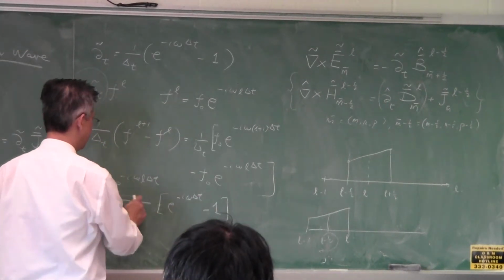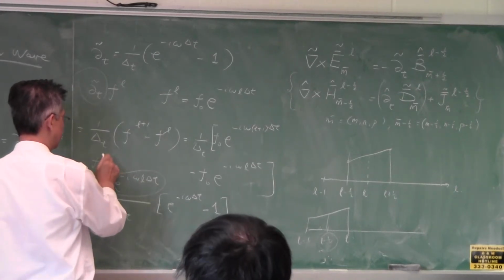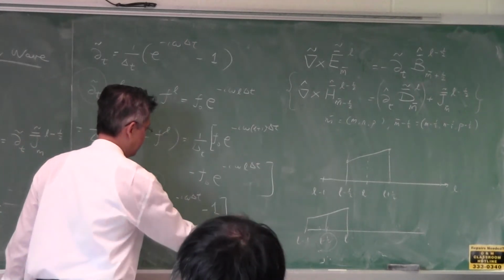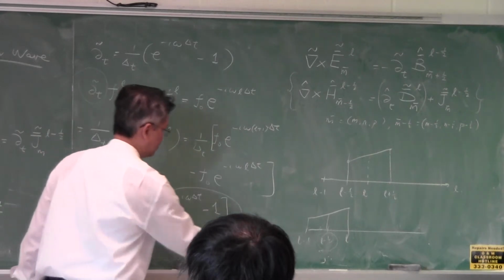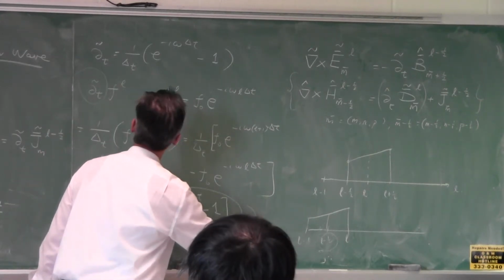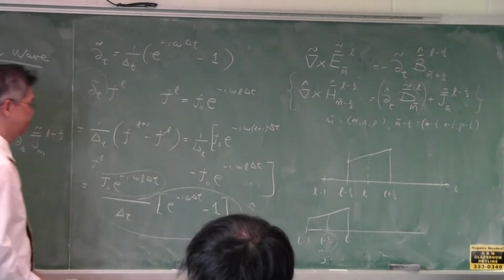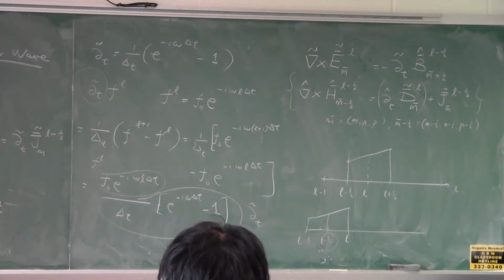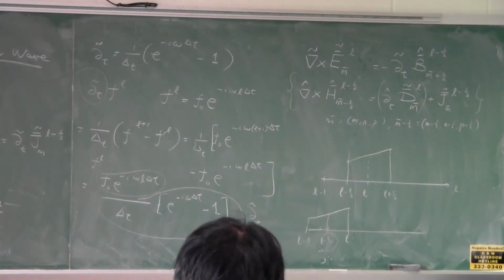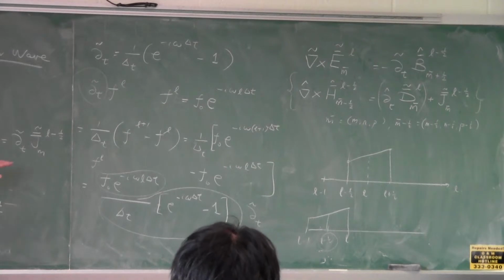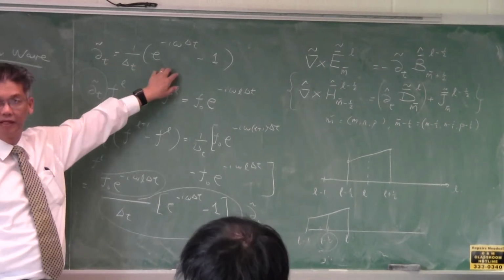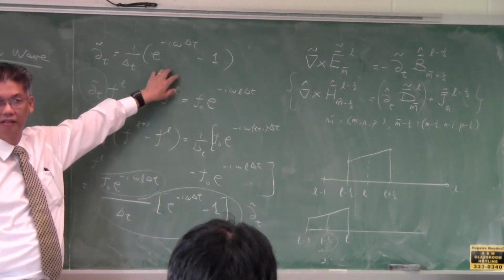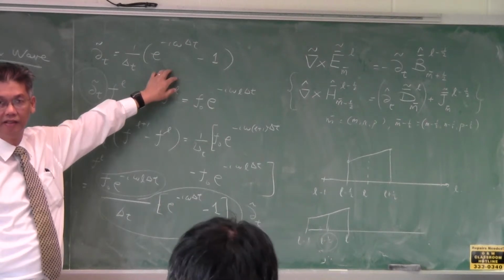So this is just f of L. So this whole derivative replaces partial t tilde. Okay, that. So which means that partial t tilde can be replaced by that in the discrete picture as well.